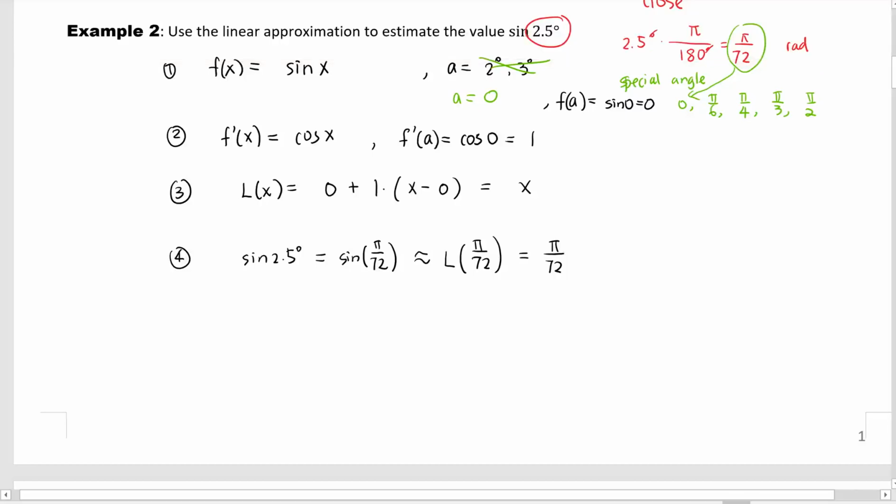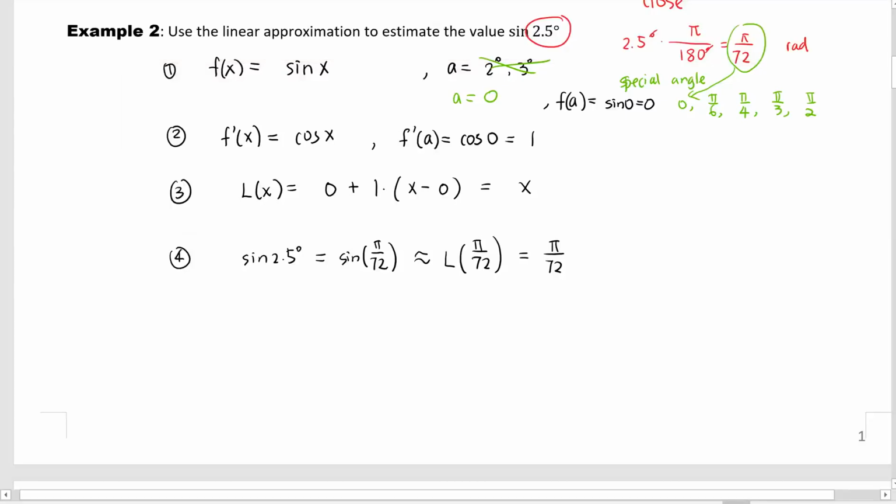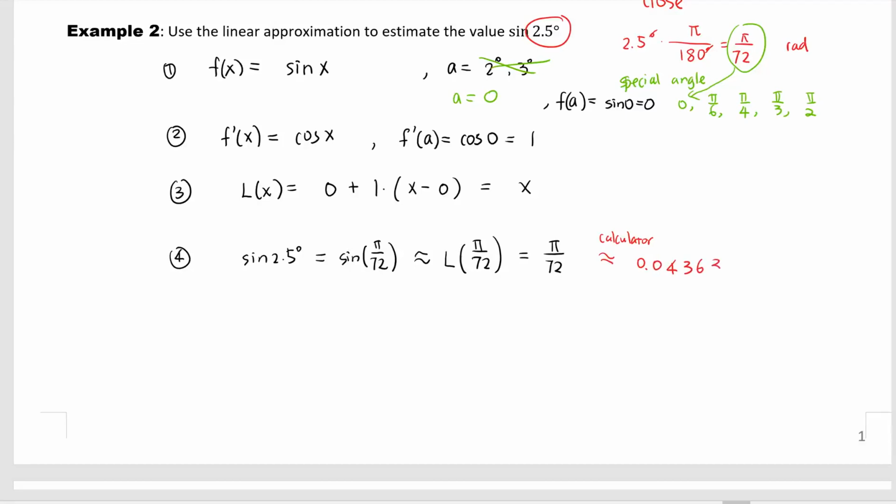Okay, so we can also check our answer. So let's check. If you plug in a calculator, pi over 72 is approximately 0.0436333231.